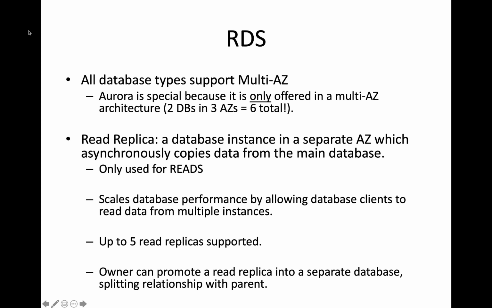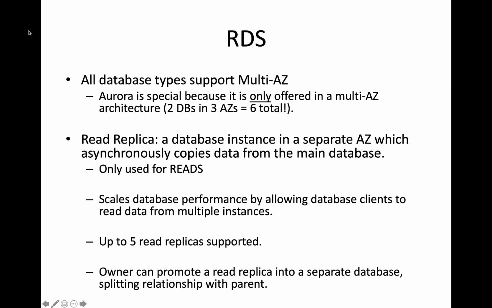All of the writes are still going to one server. They're all still going to that main master server, but the reads can come from any one of the read replica servers as well. You can create up to 5 read replicas.